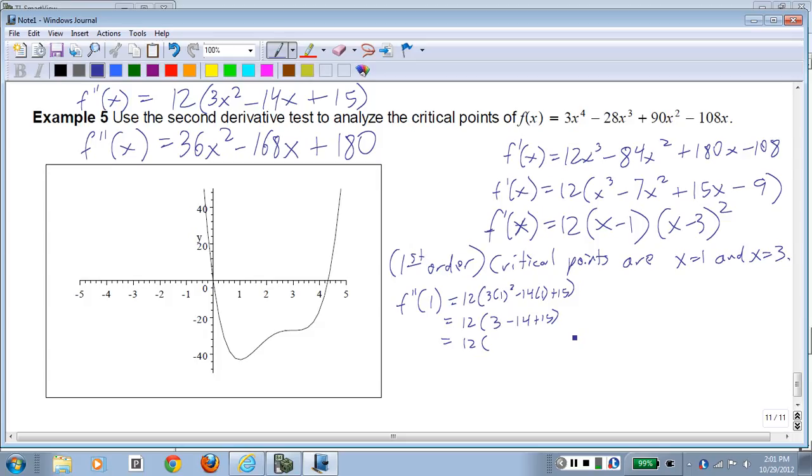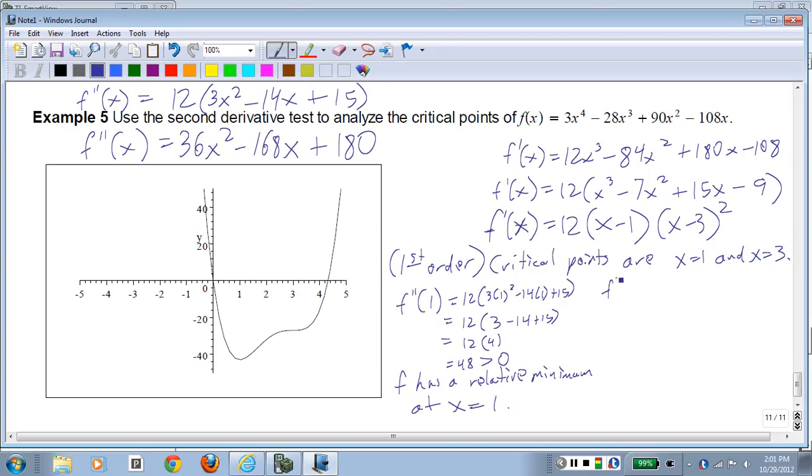Is it 48? So it's positive. So what does this mean? Horizontal tangent line, because f prime of 1 equals 0. Concave up, because f double prime of 1 is positive. So relative minimum. So f has a relative minimum at x equals 1 according to the second derivative test.